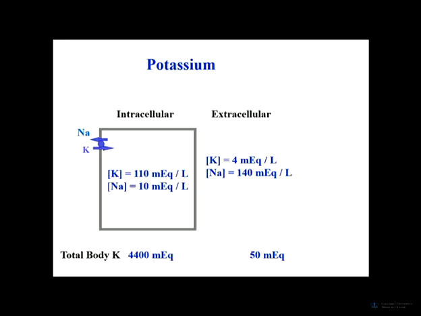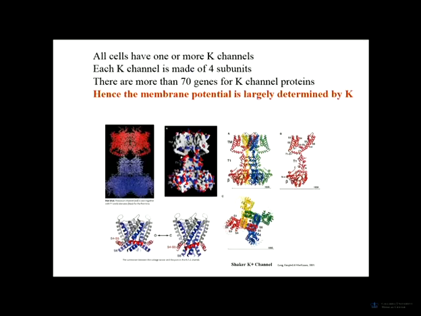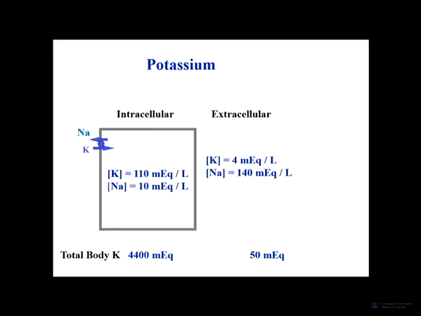With that in mind, let us talk about the overall balance of potassium. First, let me introduce the idea, which you already know a little bit: intracellular potassium is so much higher than extracellular potassium, and vice versa for sodium.